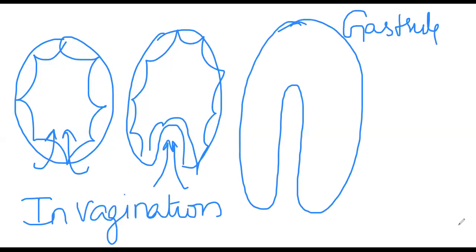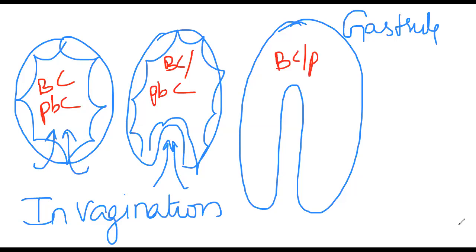So we need to follow the blastocoel or primary body cavity. From here onwards, I am writing it as BC or PBC, blastocoel or primary body cavity. Still it is there. In the gastrula stage also, we have the blastocoel or primary body cavity. But after the invagination, when the blastula has turned into the gastrula, we get two layers.